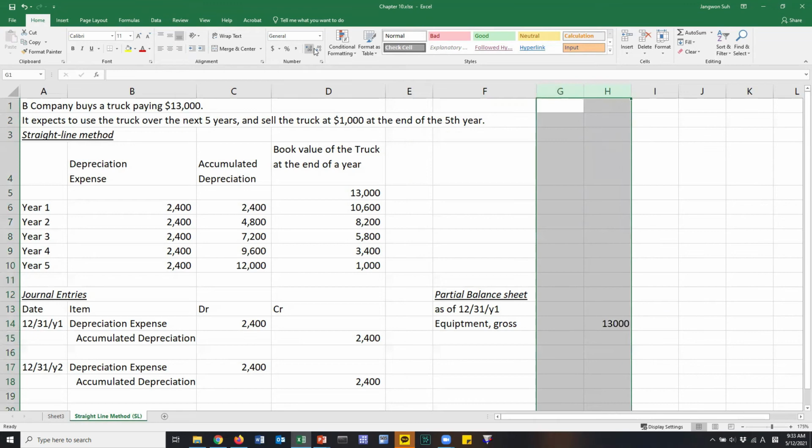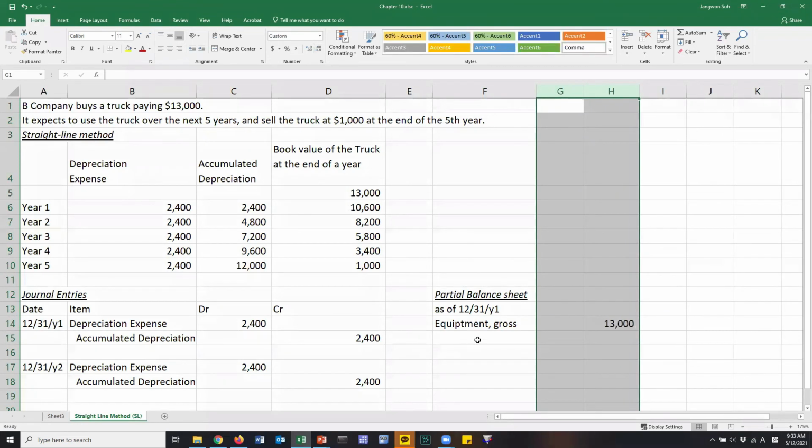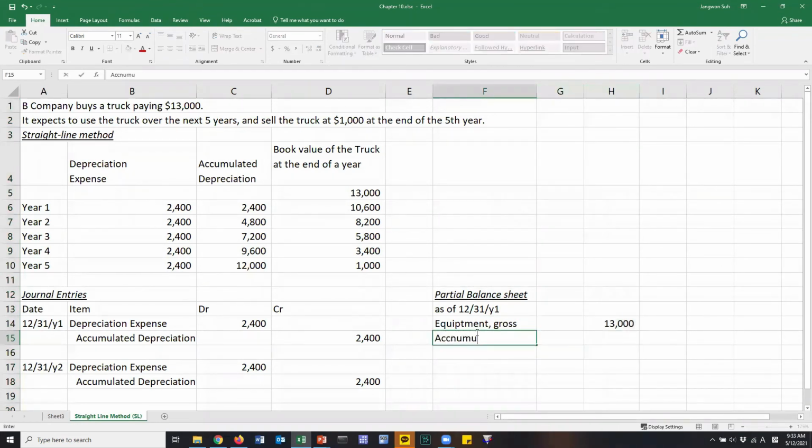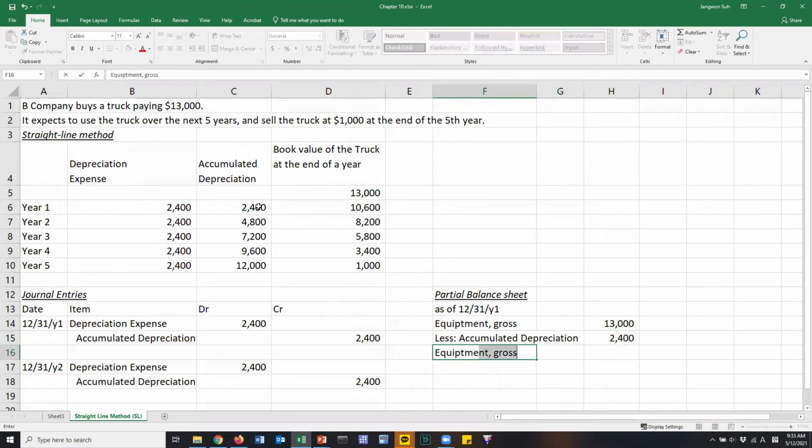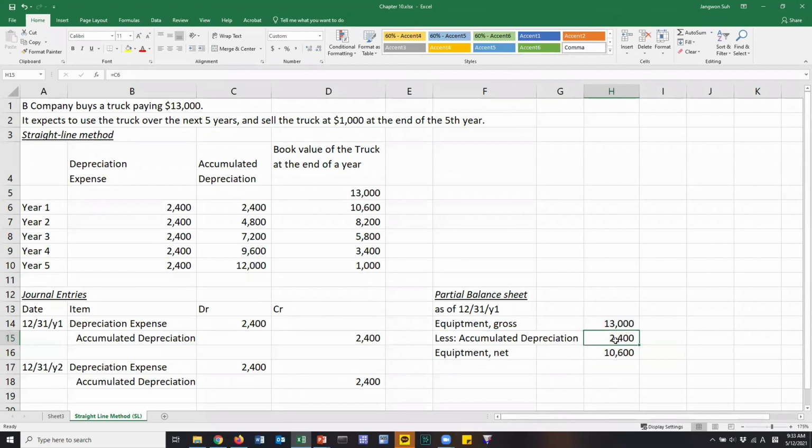But now, how much did you depreciate? Accumulated. Your accumulated depreciation so far is this amount, so that your equipment net becomes this minus that.